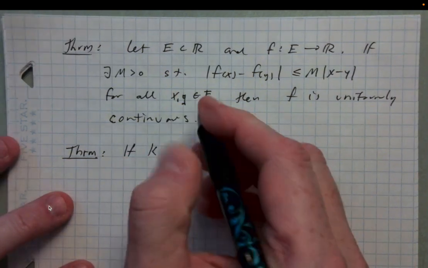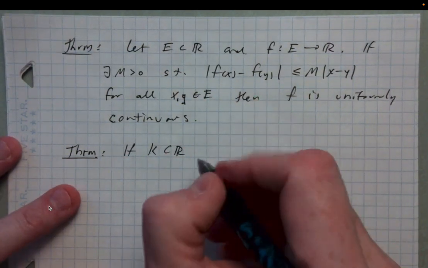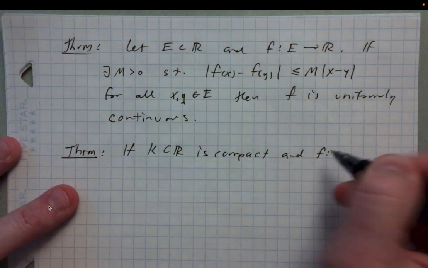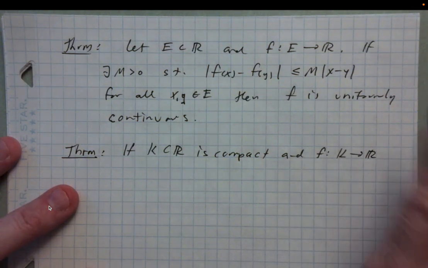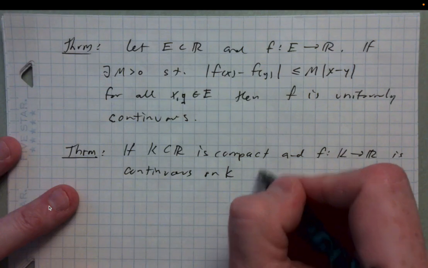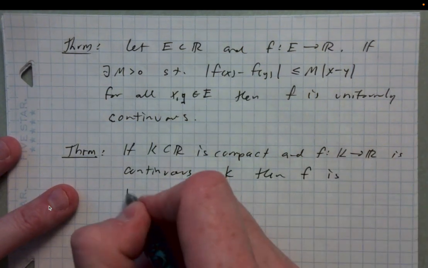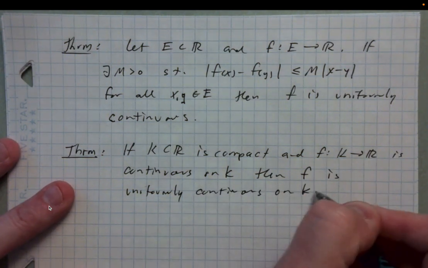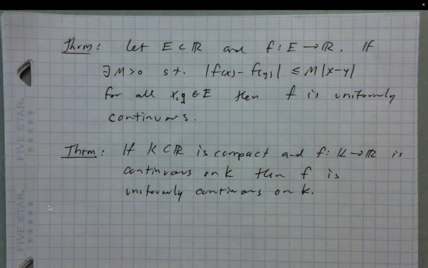So if K is a subset of real numbers and is compact, so if K in R is compact, and f is a function from K into the real numbers that is continuous on K, then f is uniformly continuous on K. So if the domain set is compact, and f is at least continuous, if you know f is continuous and it's defined on a compact set, then the function must be uniformly continuous.